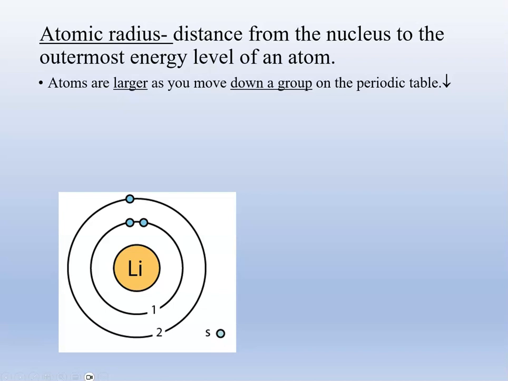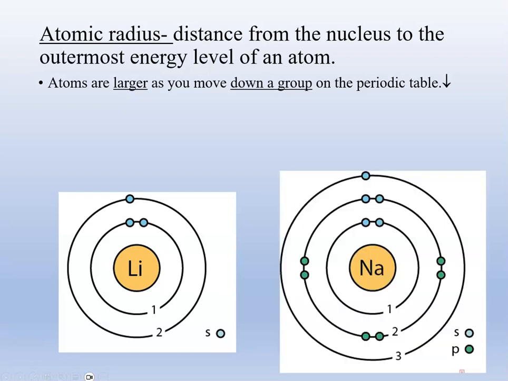Lithium has two energy levels. It has two electrons in that first energy level and only one in that second energy level. But if I were looking at sodium, it still has a valence of 1, but it has added another energy level. So the distance from the center out is going to be greater for the sodium atom. So as you move down, it does get larger.